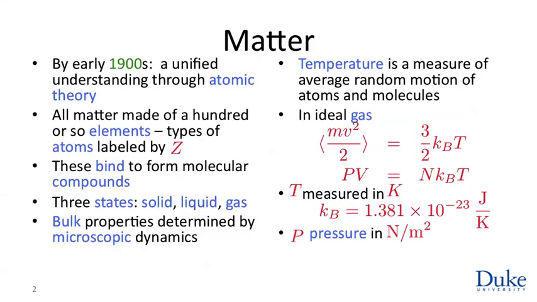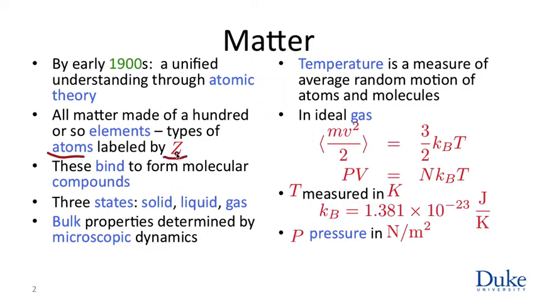We'll start with what we know about the structure of matter at the end of the 19th century. By then, we have a pretty comprehensive understanding of the structure of matter, and its center is what is known as the atomic theory of matter. All known matter is made up of 100 or so types of atoms, immutable units.